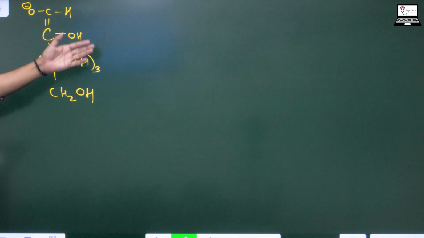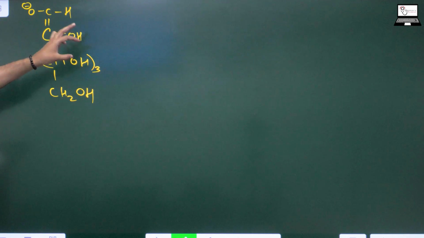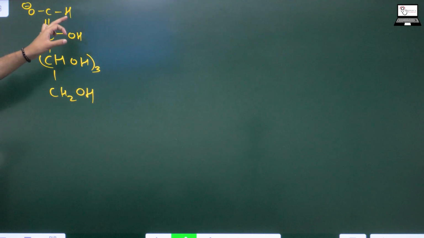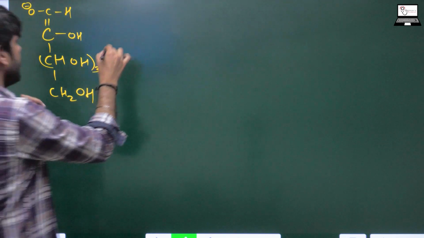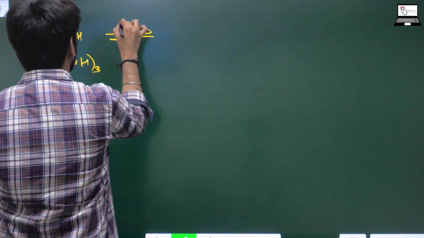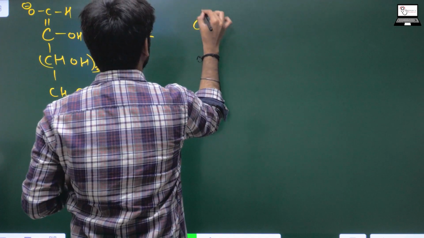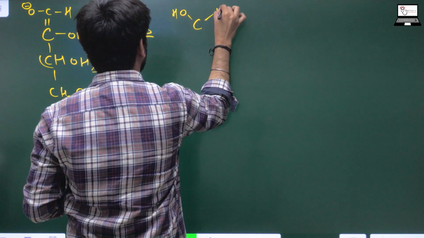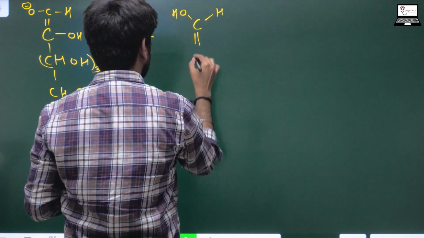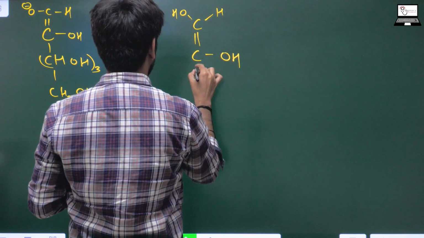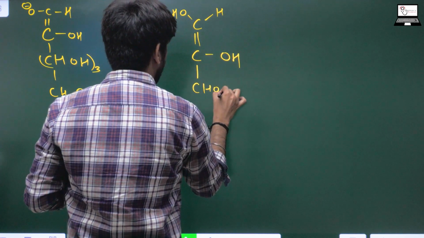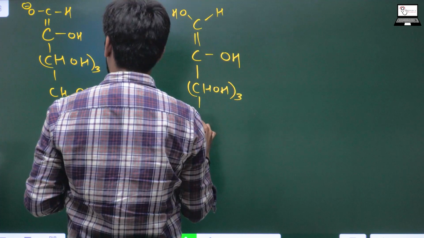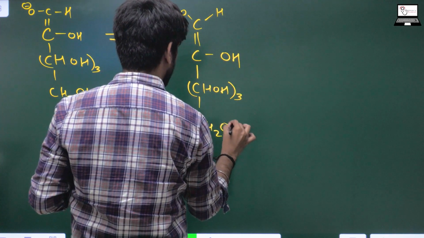So if I perform the protonation on this oxygen, then I end up getting something like this, right? So this is what I'll get, CHOH whole thrice, and this is CH2OH.